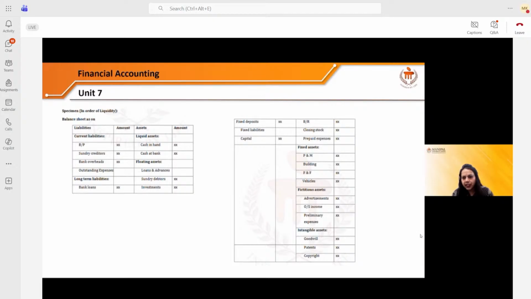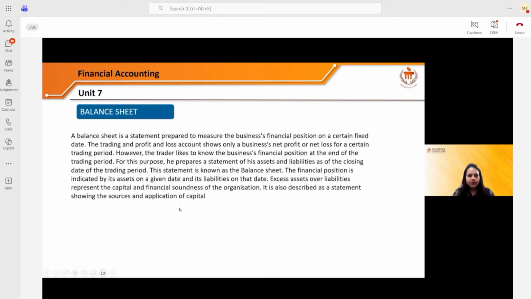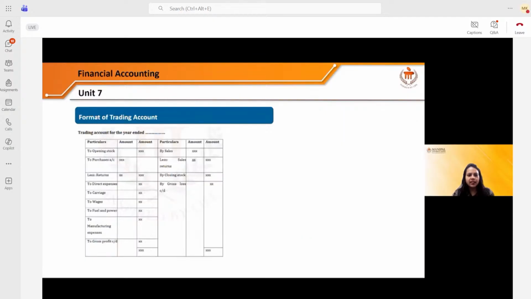Once again, show me the trading account. Okay, I will show you the trading account once more. That is the format of the trading account. Please take a screenshot, whoever has left. I will solve the numerical very slowly.